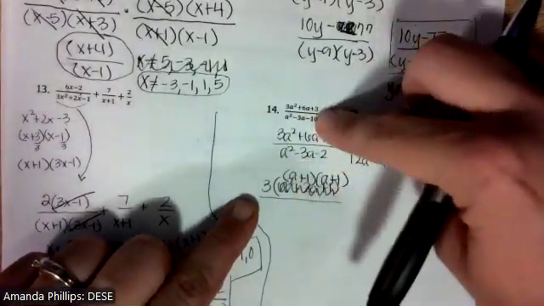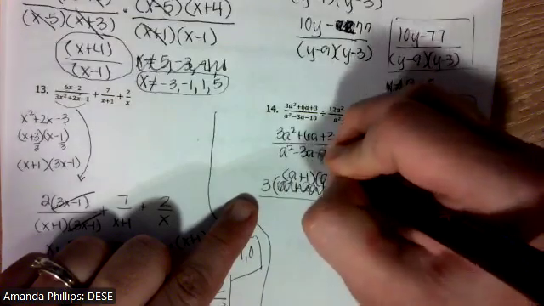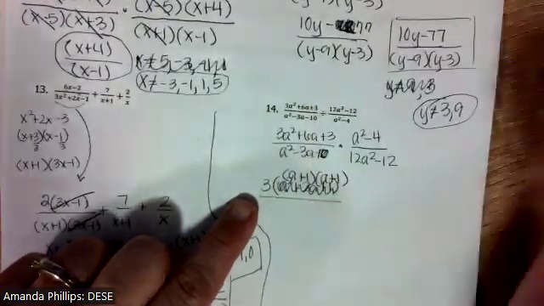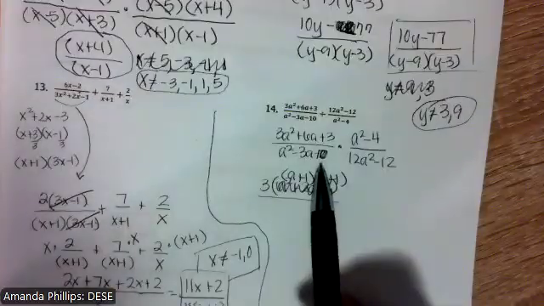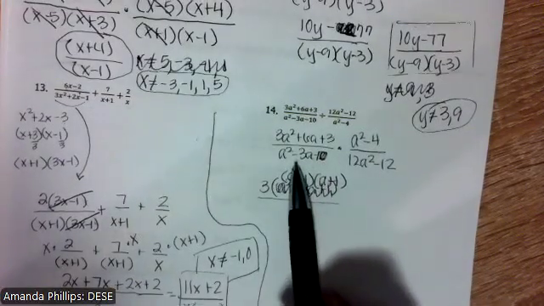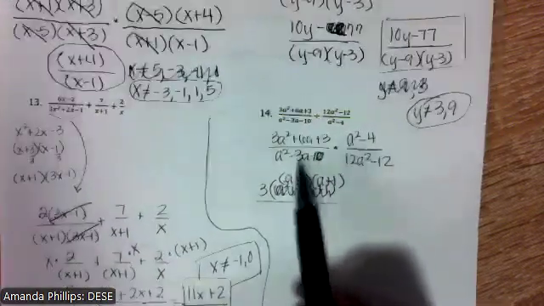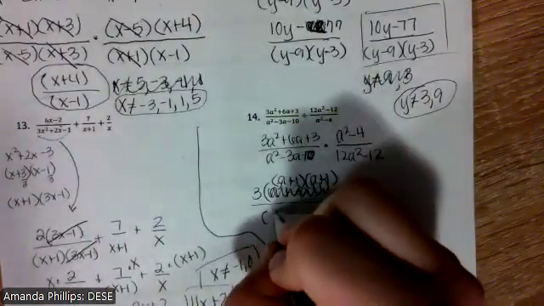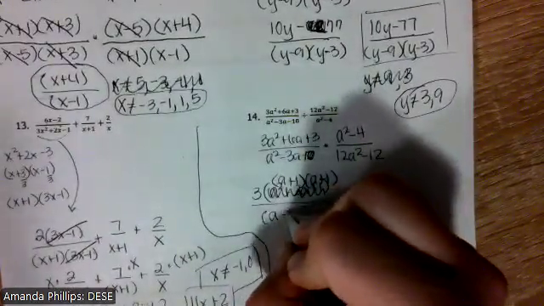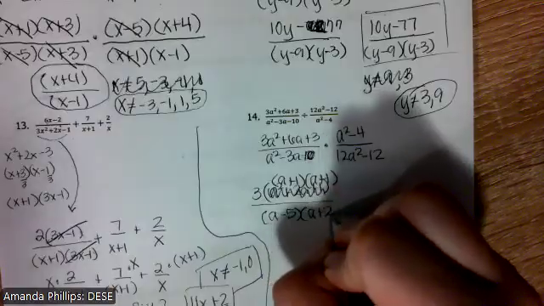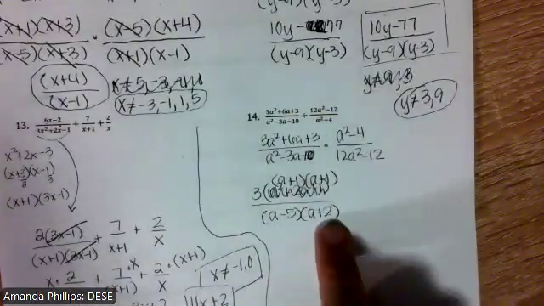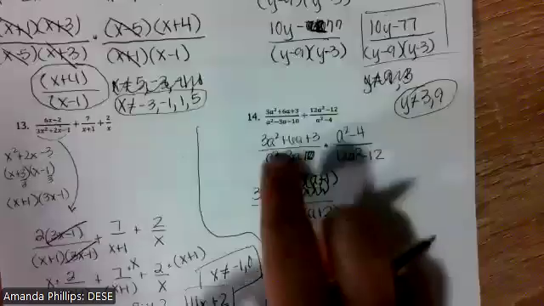But then I noticed I wrote it down wrong. I don't know why I put a 2 there when it's a 10. Okay. So what's going to give me a -10 that would add to give me -3? So I know that that's going to be 5 and 2. So a minus 5 times a plus 2, check it. That's going to give me -10, and it'll add to give me -3.